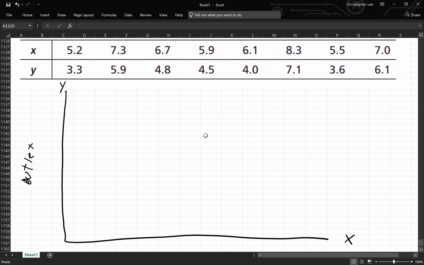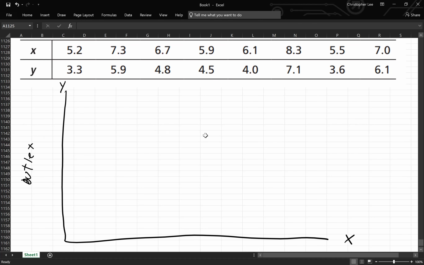Long story short, I want to graph these, right? Now you can graph them using dots or whatever you want. Me personally, I'm an X fan, so I like to put X's where my dots would go. All right. But before we can do that, I have to figure out a range for my X-axis and my Y-axis.